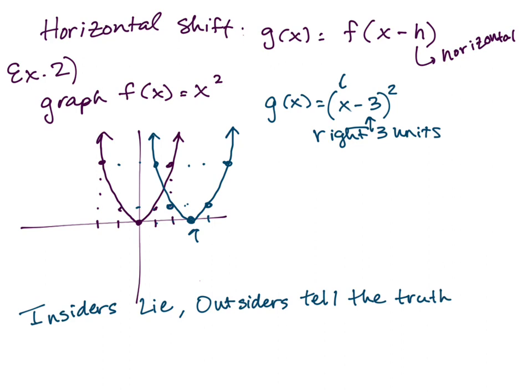Okay. One more. Let's graph h of x equals x plus 2, quantity squared. h of x equals x plus 2 squared. So now, where am I going to drag and drop this guy? 2 to the left. Left 2.